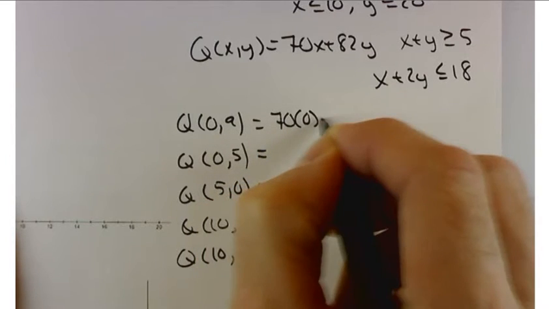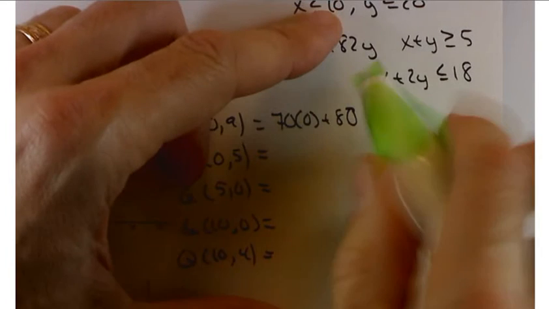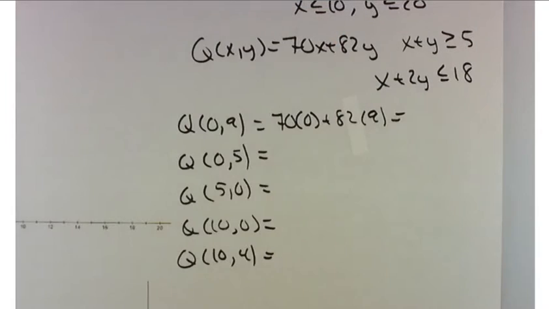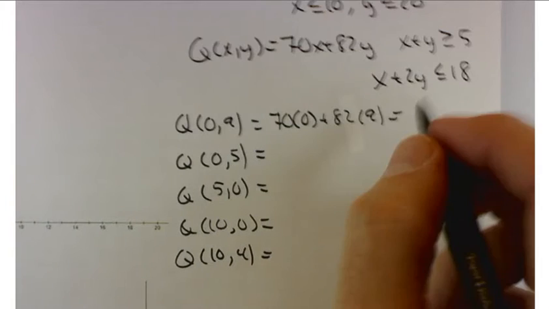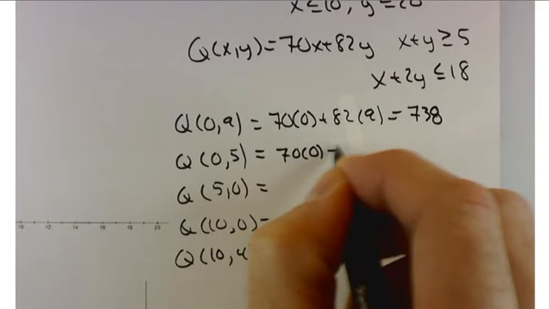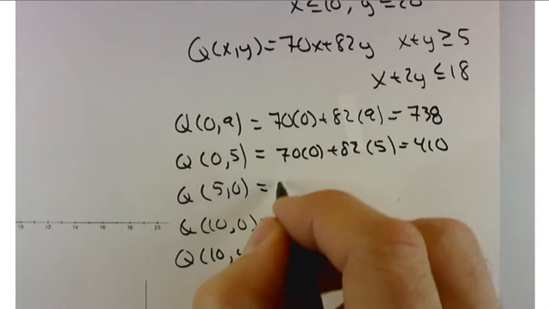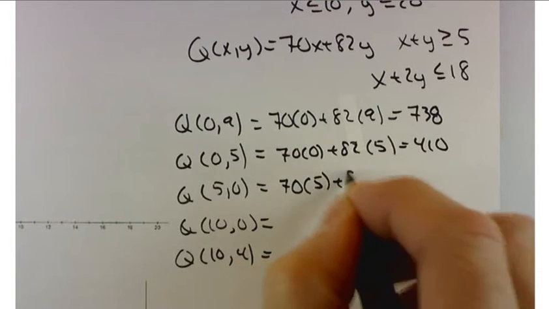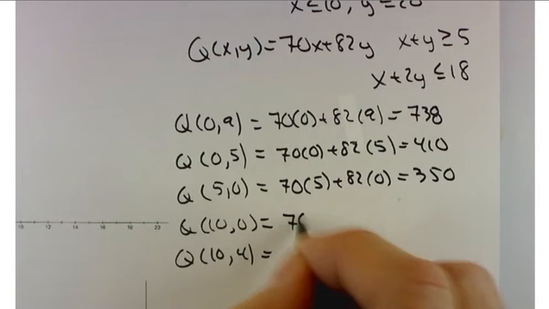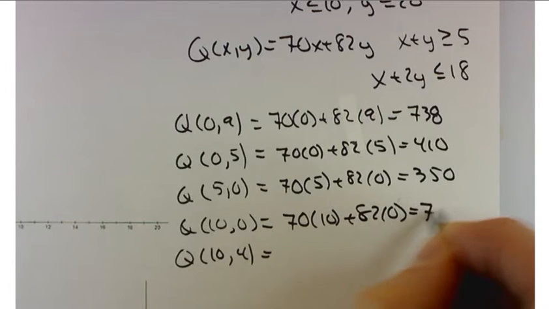70 times 0 plus 82 times 9. So that's what, 738? 70 times 0 plus 82 times 5 is 410. 70 times 5 plus 82 times 0 is 350. 70 times 10 plus 82 times 0 is 700.